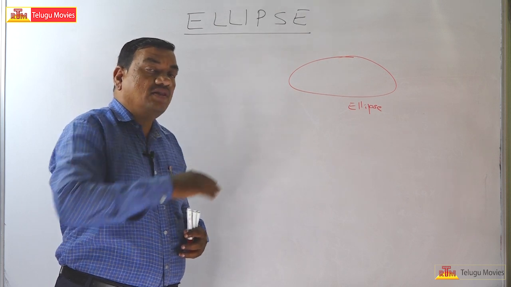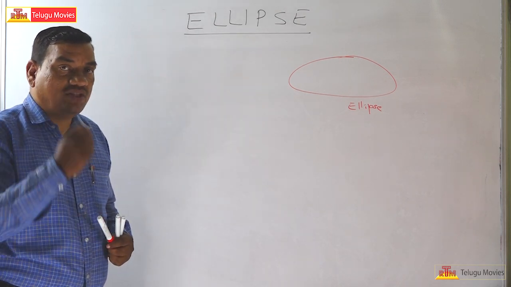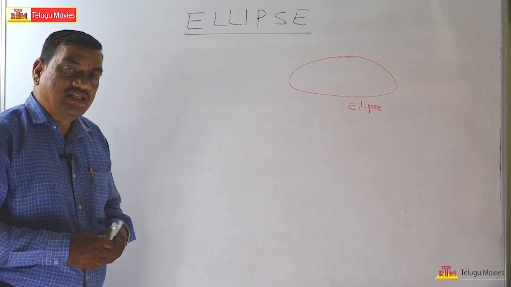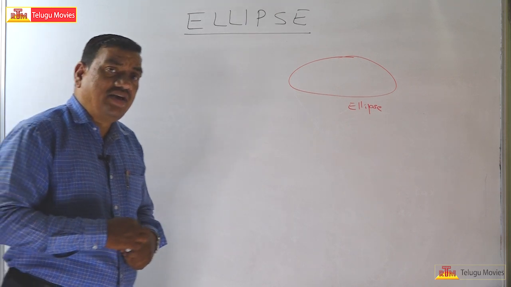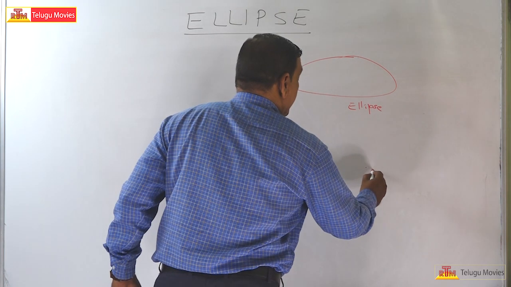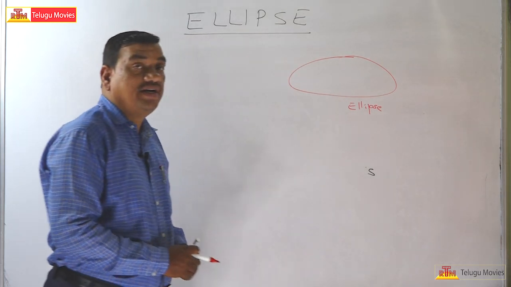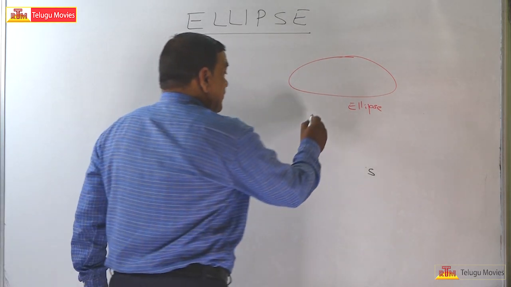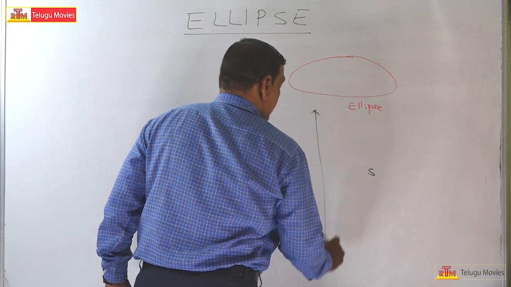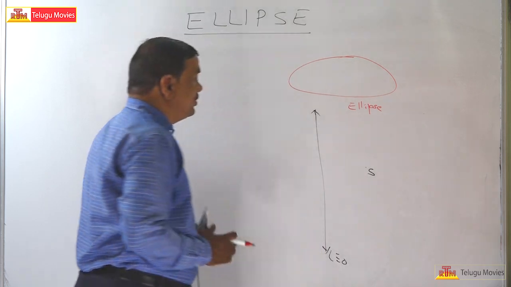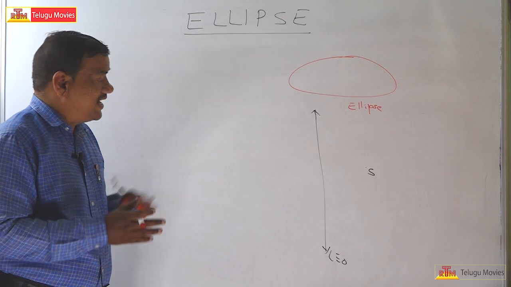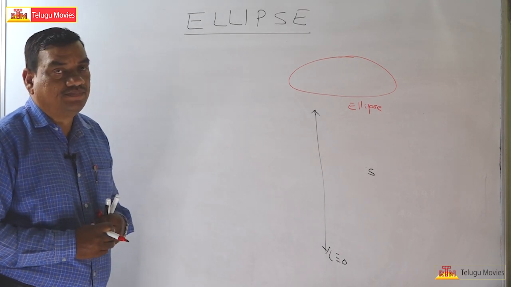Going by the previous classes about eccentricity, let S be a fixed point in the plane and L = 0 a fixed line. Both the point and the line are fixed.